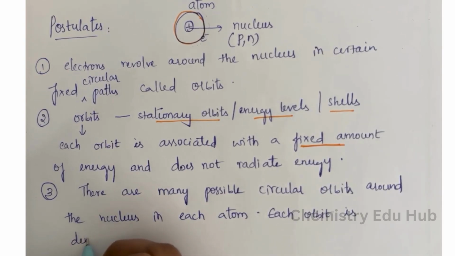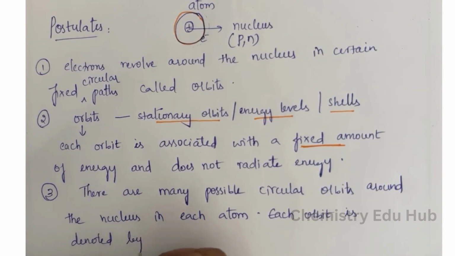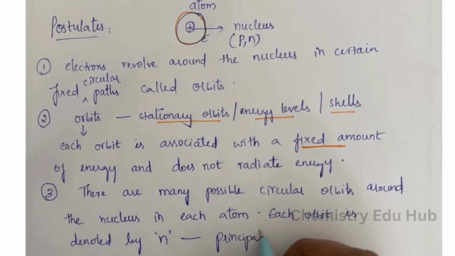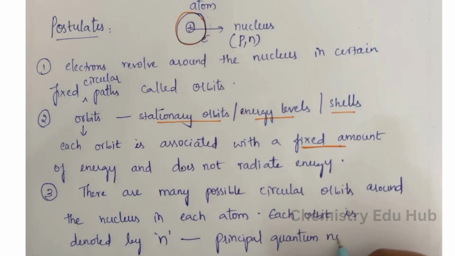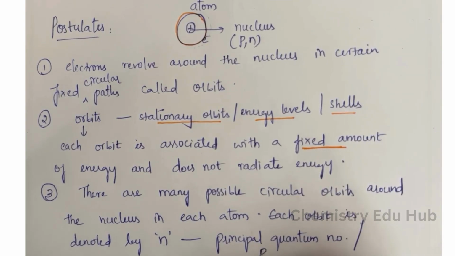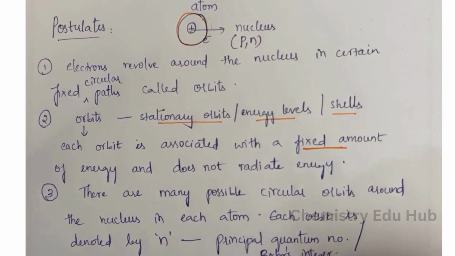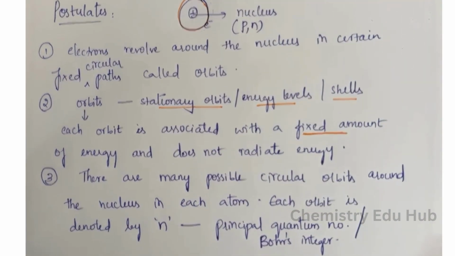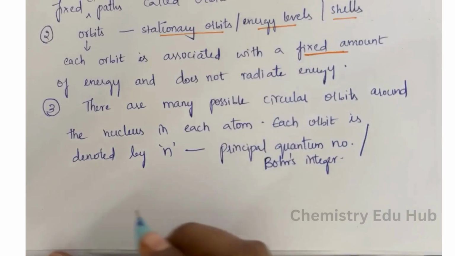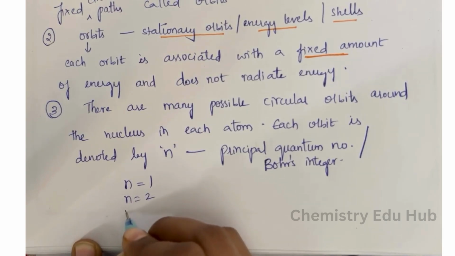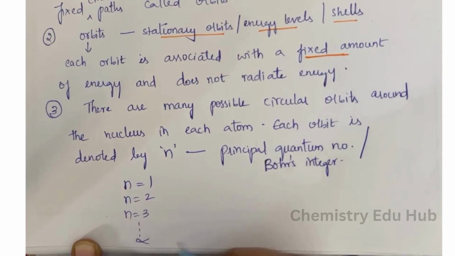Each orbit is denoted by n. What is n? n can be called principal quantum number, or you can say it's a Bohr's integer. n value starts from 1, 2, 3, so on up to infinity.